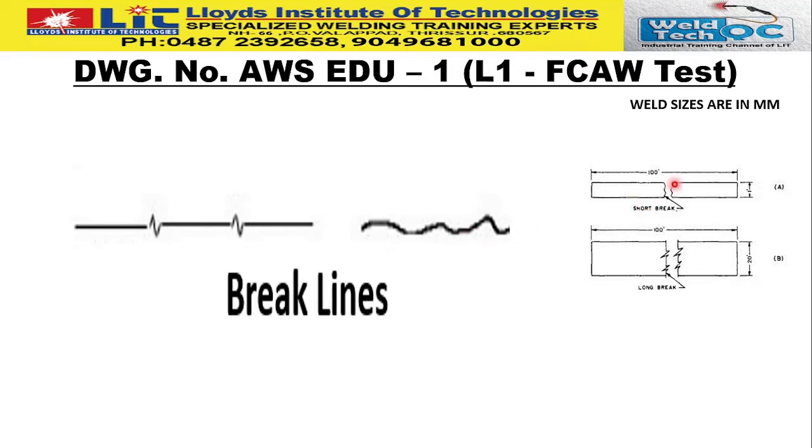And long break lines, these are the long break lines, indicate that the center section of an object has been removed so that it can be shown on a smaller piece of paper. According to a particular scale, if you are preparing the shop drawing of a particular object, these things are very large.